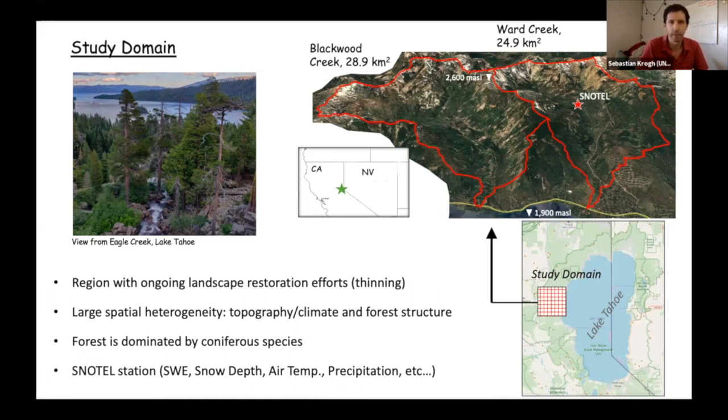And basically because they provide a pretty large spatial heterogeneity in terms of topography, climate, and forest structure. And also because we have SNOTEL stations that are going to provide us with estimates for snow water equivalent, snow depth, air temperature, etc., which we're going to need for our snow model experiment.